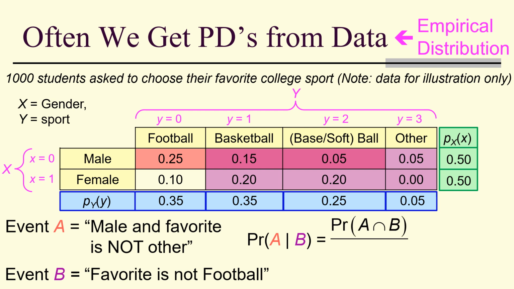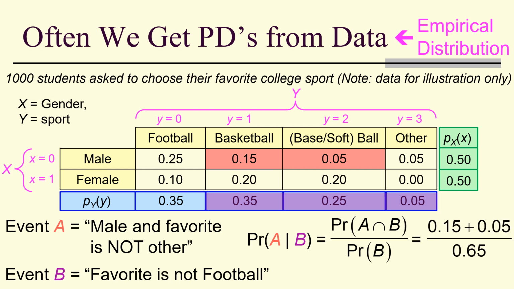And that is the probability of A intersect B, which is the shaded basketball, baseball for male, over the probability of B, which comes from the marginal row, and we get 4/13, which is about 30.7%.